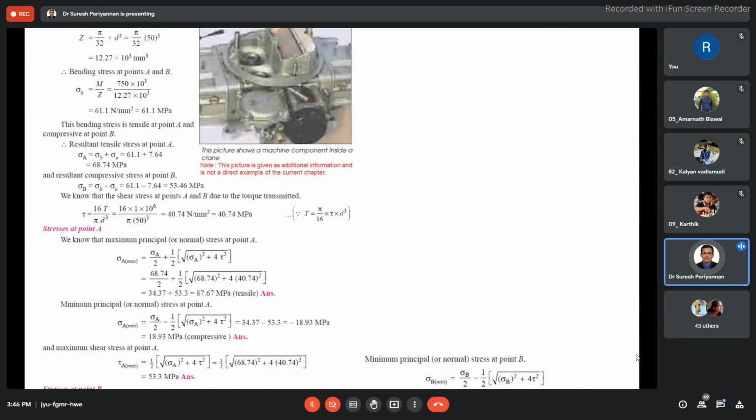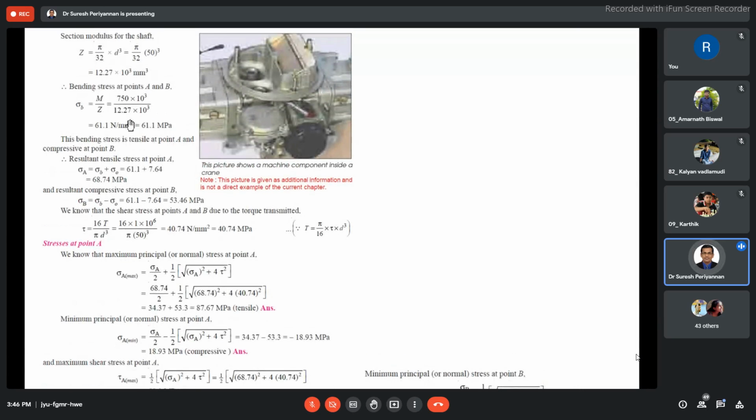Okay, I tell you directly. See here, sigma B is equal to M by I into y. That y they are taking to the denominator, I by y, which is nothing but our section modulus. I is equal to pi by 64 d power 4, and y is d by 2. Then you can find Z. That's what they put here: sigma B is equal to M by Z. Then we know the bending stress.